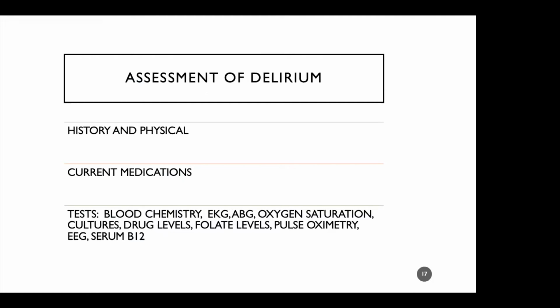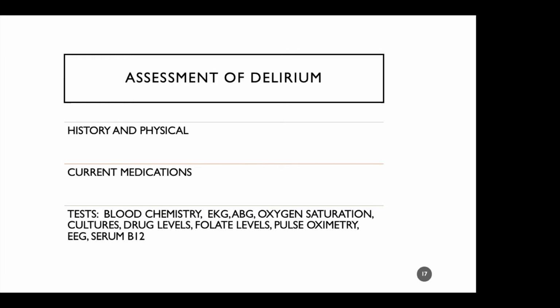You want to look at their blood oxygen level, their cultures to see whether there's any kind of infection, drug levels, whether they have substances in their bodies, or you're looking for medication levels, blood chemistry, B12, folate. All these are standard tests which are recommended when you're trying to get to the bottom of what's happening to this person.